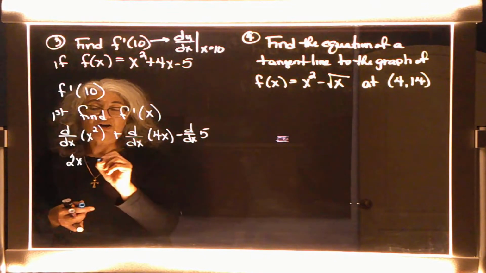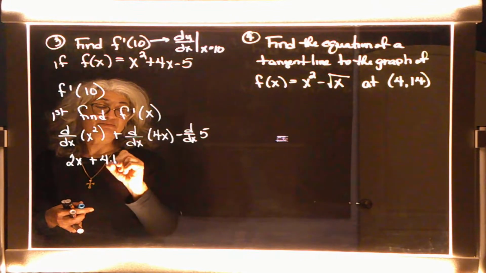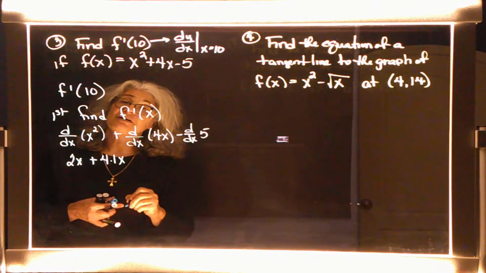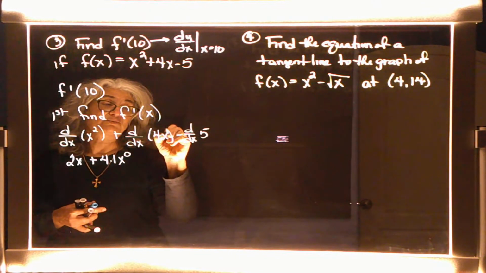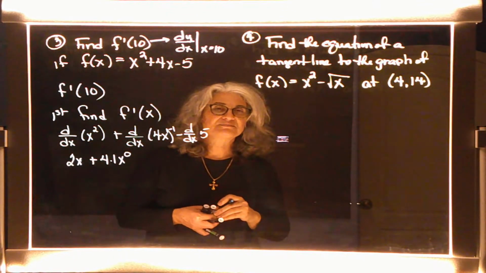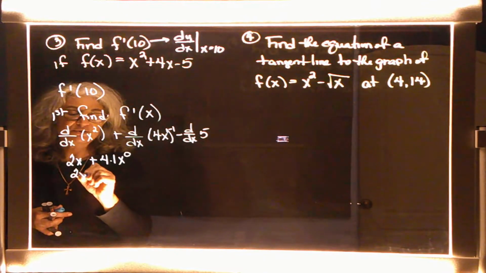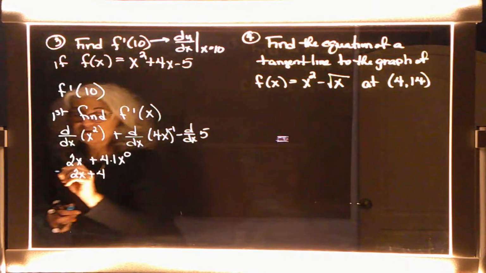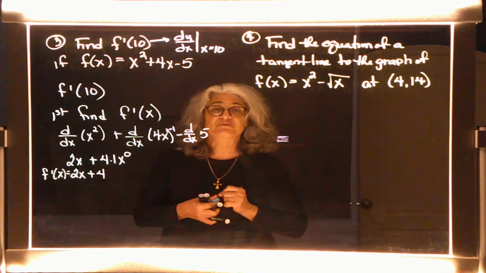Okay. On the second part, good, this is 4 times the 1, because you bring the 1 down. And now it becomes x to the power of 0, because you're going to do 1 minus 1, aren't you? And the derivative of a constant? Yeah, that's just 0, so I'm not even going to bother writing it. So we end up with 2x plus 4, don't we? The derivative of the function is 2x plus 4.